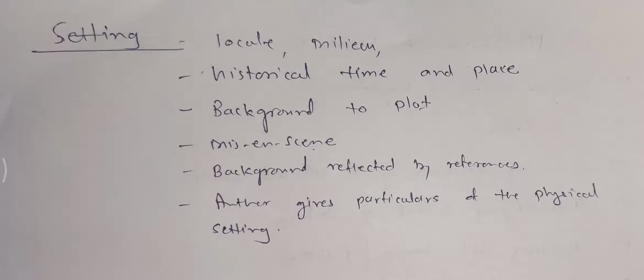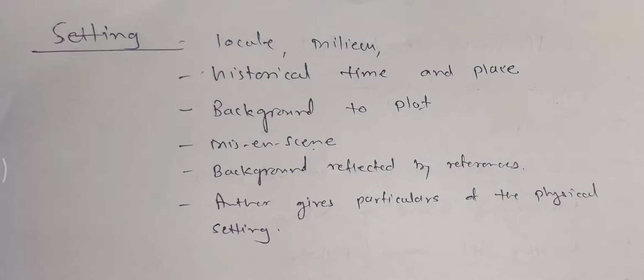Hello students. In our earlier lecture we have discussed the features of novel and short story. As we have studied in our earlier lecture, the plot, characters, dialogues and other elements are extremely useful to form the novel.